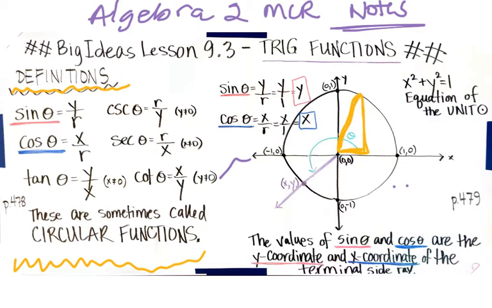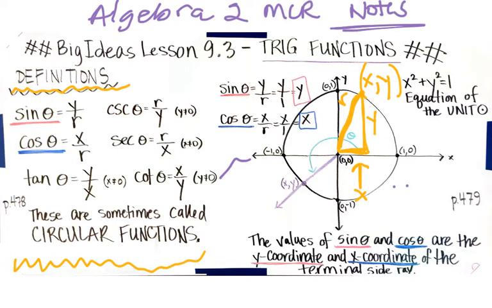Well, it's not very straight. But here's x, y. That means this side has x length, this side has y length, and this hypotenuse is the radius.